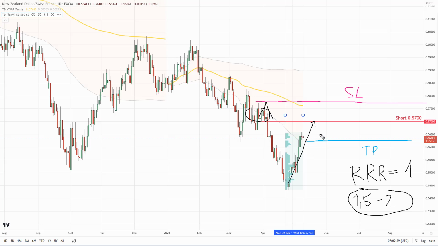So ideally you find a place with heavy volumes somewhere in here where you have that positive risk reward ratio and you take your take profit there. But the smallest take profit should be here. Alright, so you are trading at least with risk reward ratio 1. So that's about that. That's about my take on the New Zealand dollar Swiss franc and the swing trading opportunity we have there.